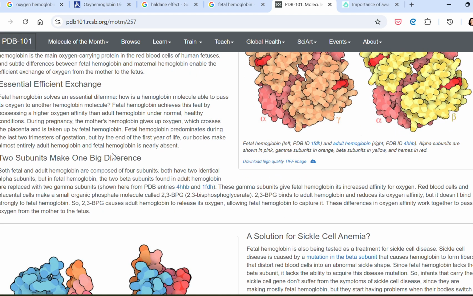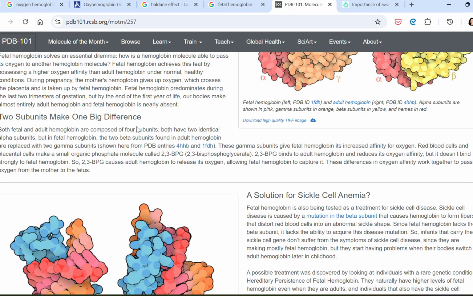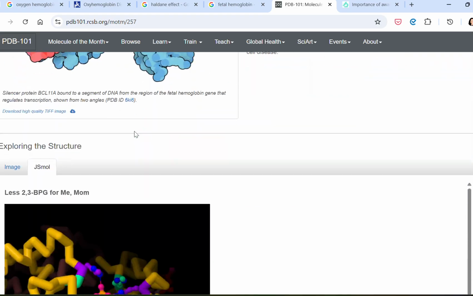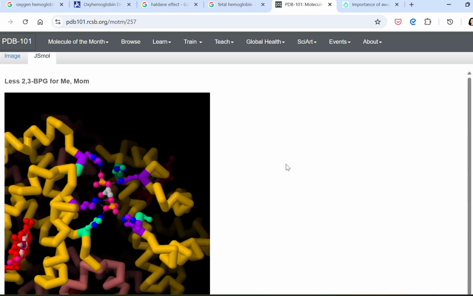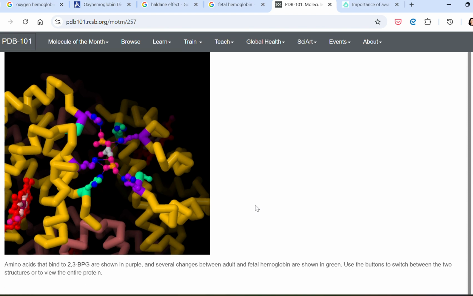Two subunits make one big difference. So fetal hemoglobin has a higher oxygen affinity than adult hemoglobin under normal healthy conditions. One important difference is that the 2,3-BPG molecule does not bind to fetal hemoglobin.